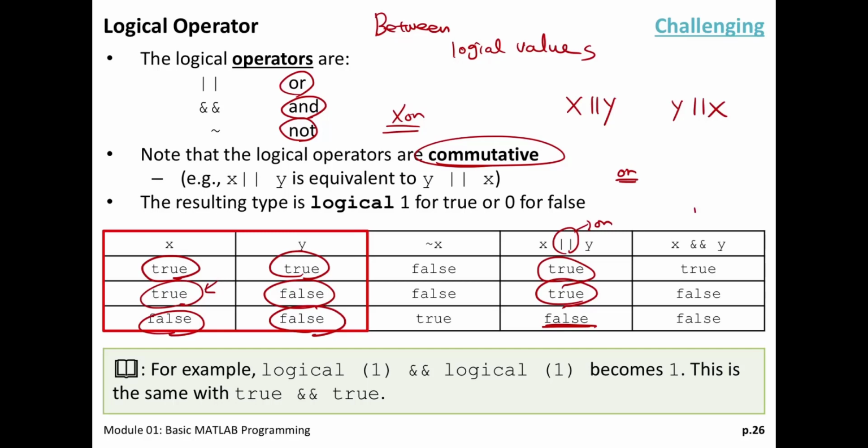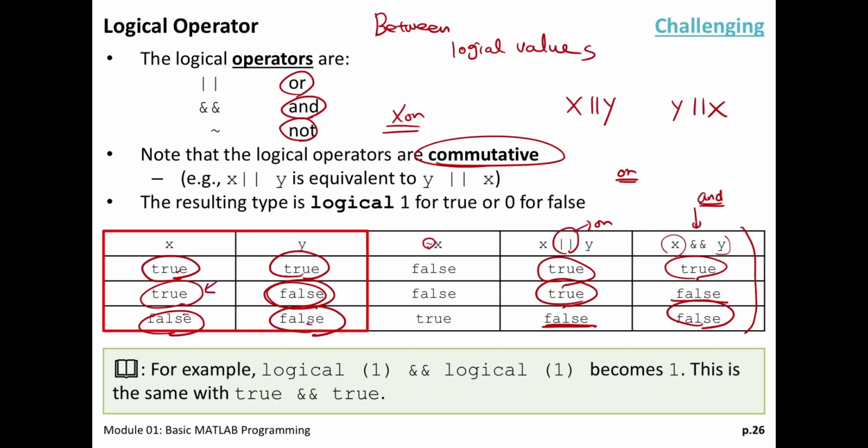What about and? This is the and operator. X is true and y is true. This operator is true only if both are true. True, true, true. Otherwise, true, false, there's a false here. False, false, false. Okay? You understand this operation?